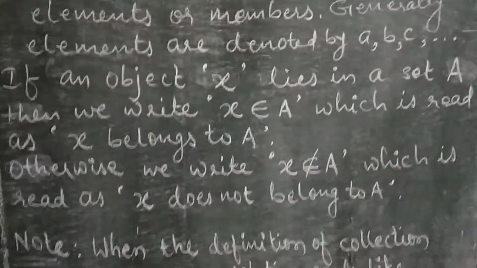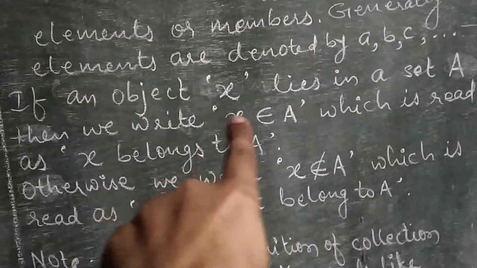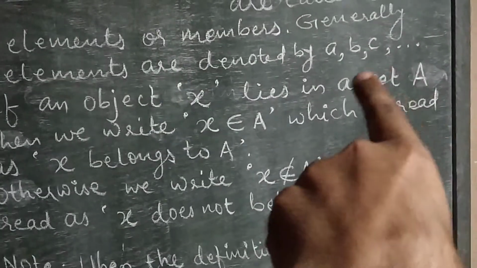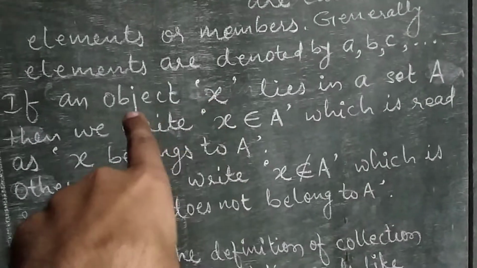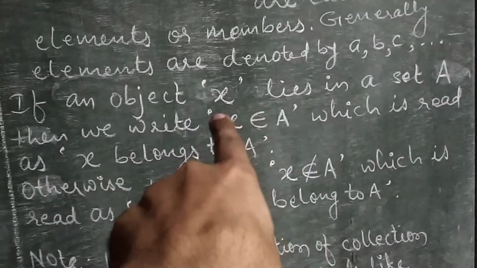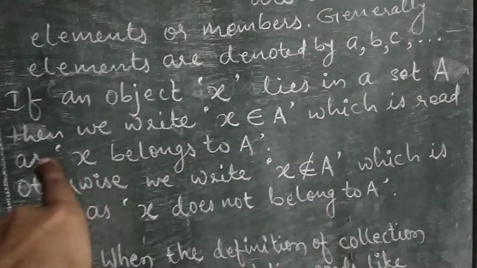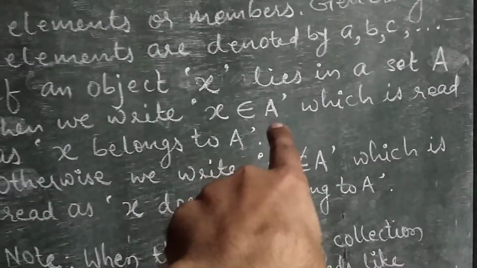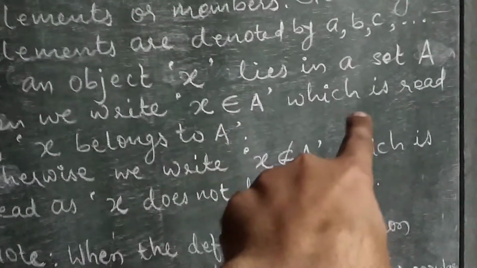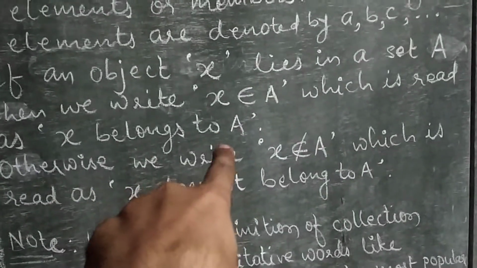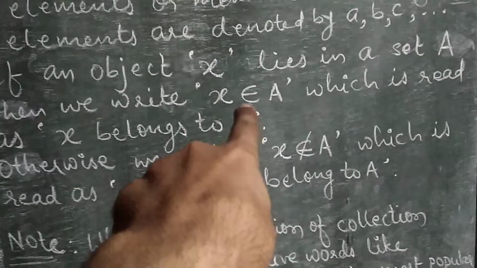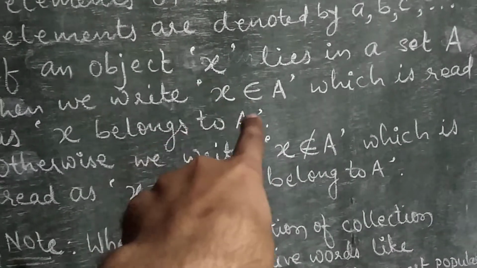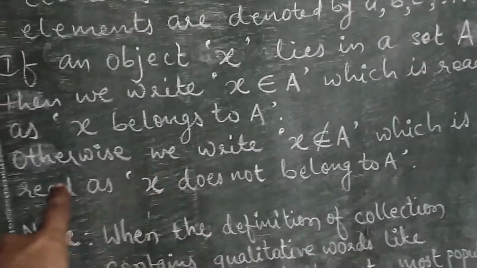If an object x lies in a set A, capital A is the set here, and x is the object, then we will write x belongs to A, using this symbol, which is read as x belongs to A. This is the mathematical symbol for belongs to. So when we write this symbol, it means belongs to A.